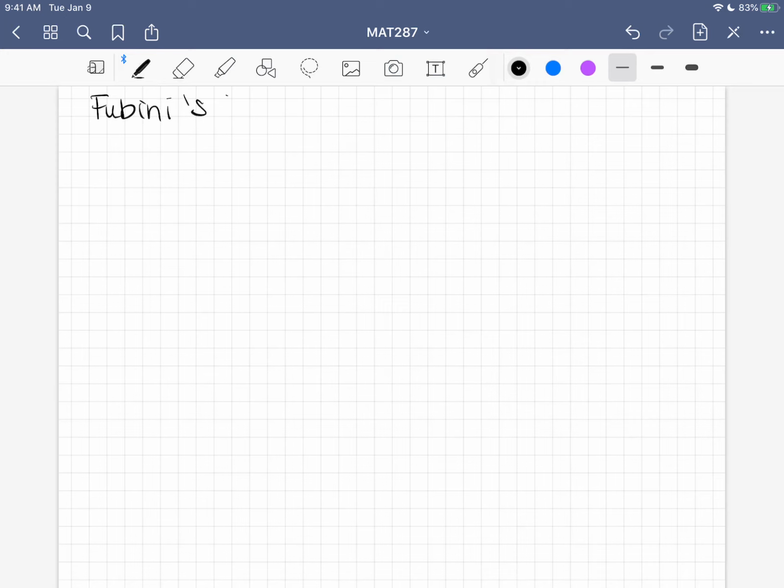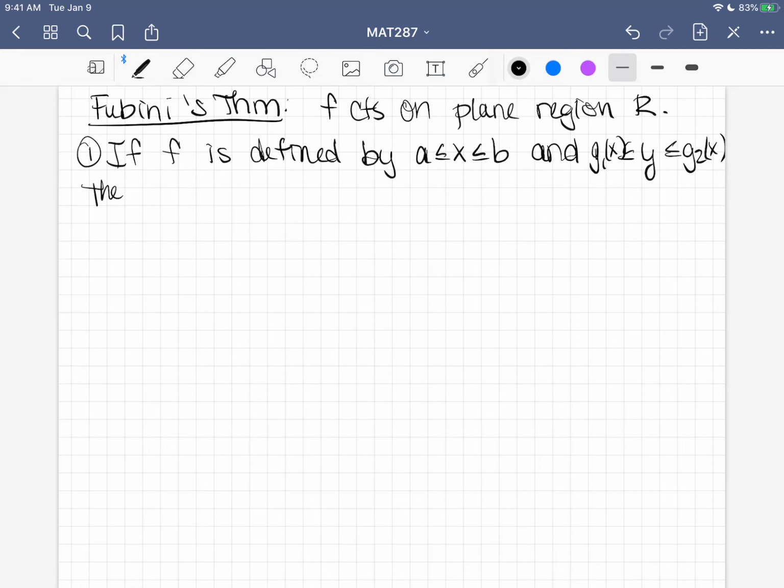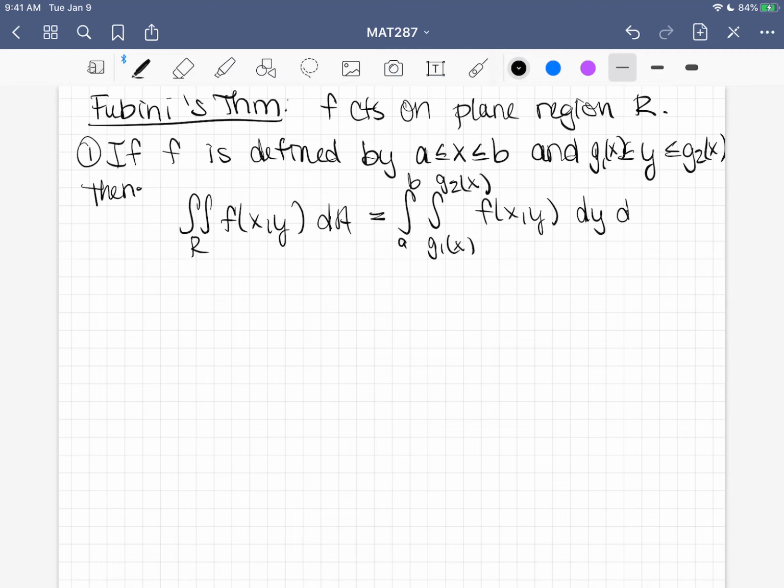Fubini's theorem. Suppose f is continuous on a plane region R. Then 1, if R is defined by a less than or equal to x less than or equal to b, and y is bounded by functions g1 of x and g2 of x, where g1 and g2 are continuous on [a, b], then the double integral over R of f of x, y dA can be written as an iterated integral from a to b of the integral from g1 of x to g2 of x of f of x, y dy dx.